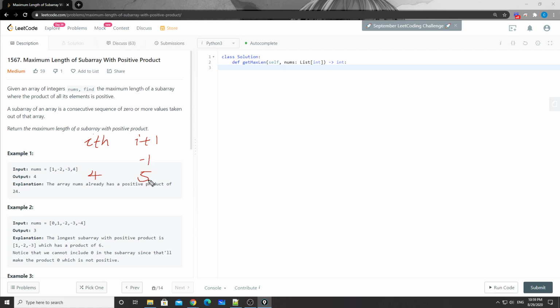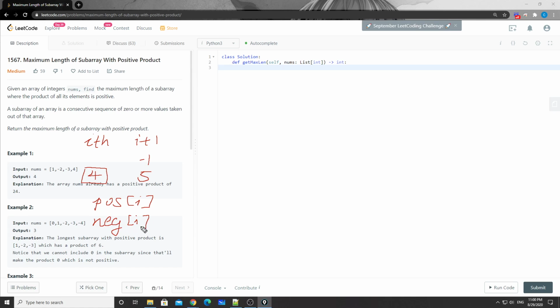Since we have this kind of characteristic in our data, the intuition will be maintaining two DP arrays: a positive i and a negative i.